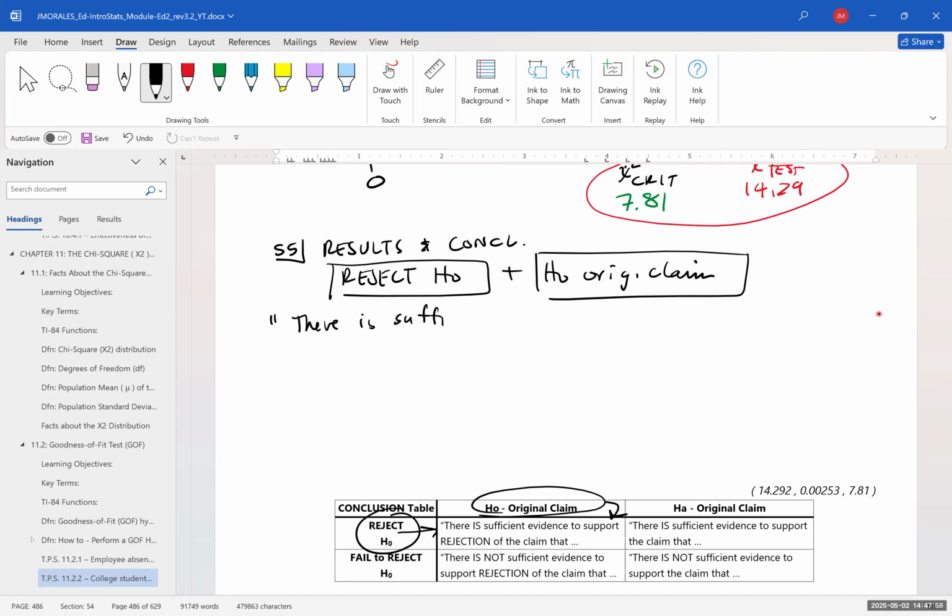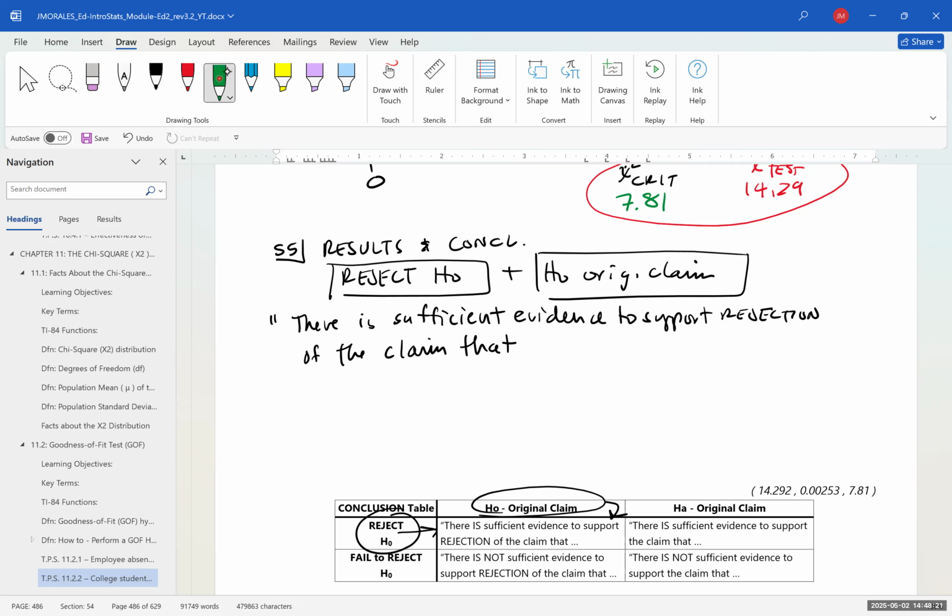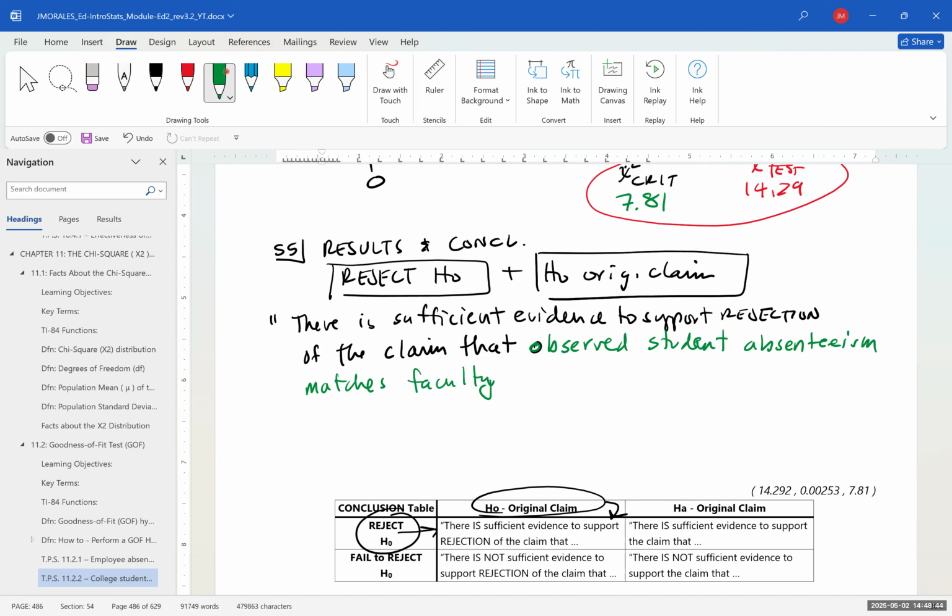There is sufficient evidence to support rejection of the claim that observed student absenteeism matches faculty perception, okay, with a 95% confidence level.